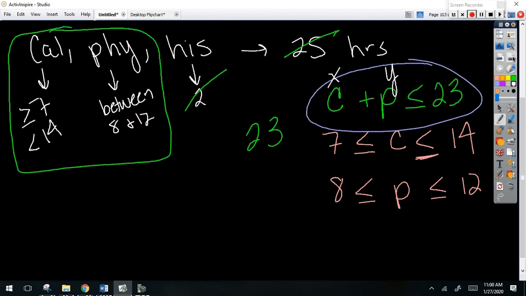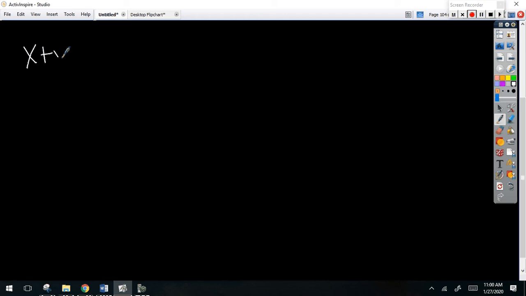X plus Y is less than or equal to 23, then X between 7 and 14 for calculus, and Y between 8 and 12 for physics.